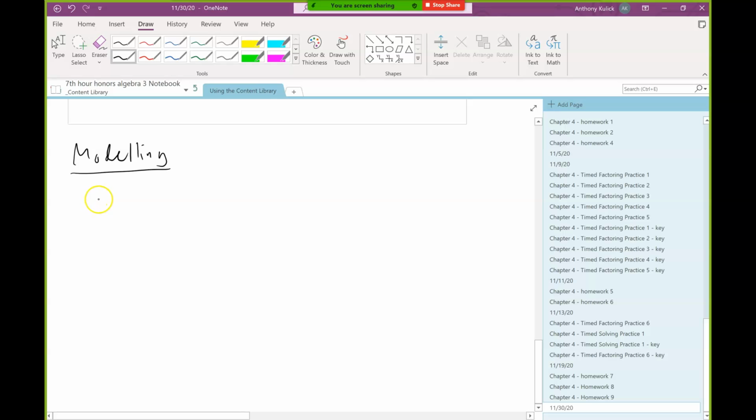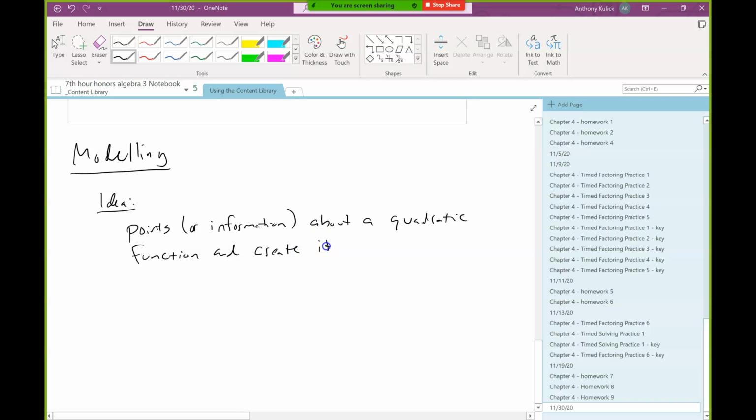And the idea here when we talk about modeling is we want to take points, or really information, about a quadratic function and create its equation.